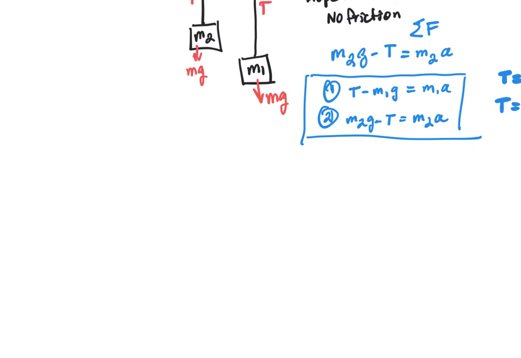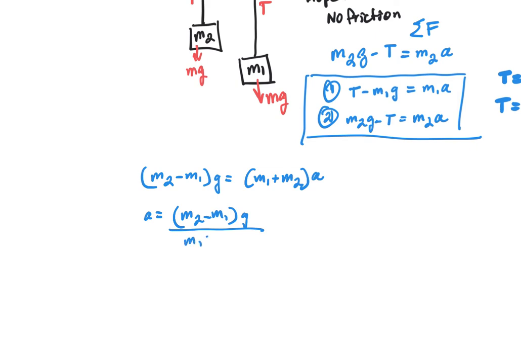So let's equal these two things together to find our acceleration. So (m2 minus m1)g equals (m1 plus m2)a. Now, if we move this, it'll be (m2 minus m1)g over (m1 plus m2).